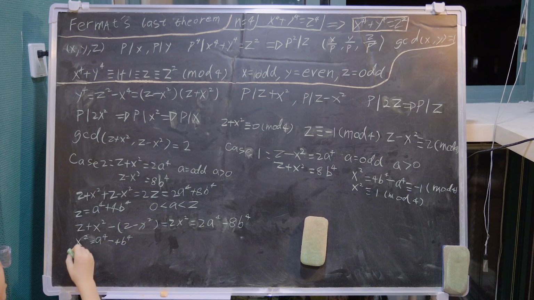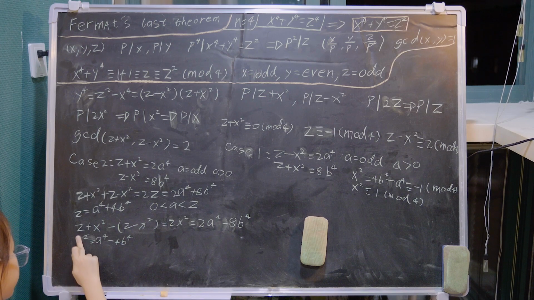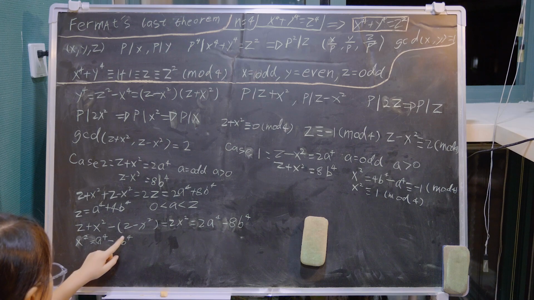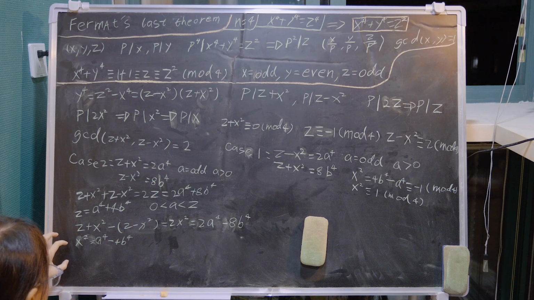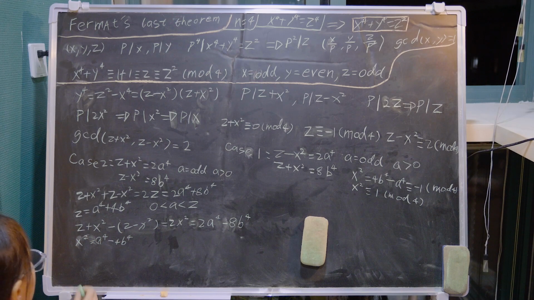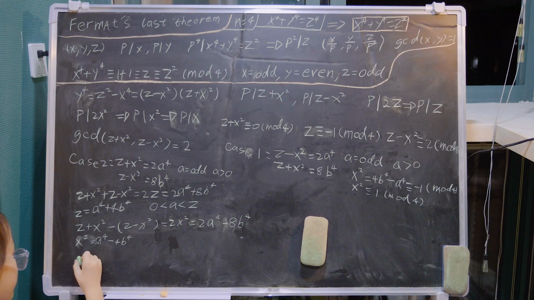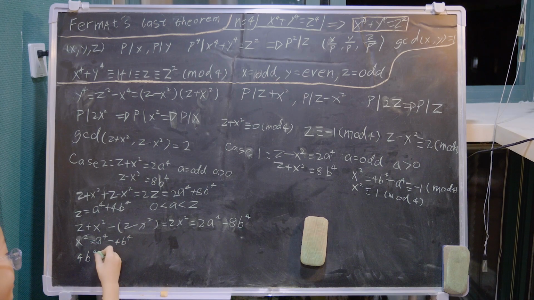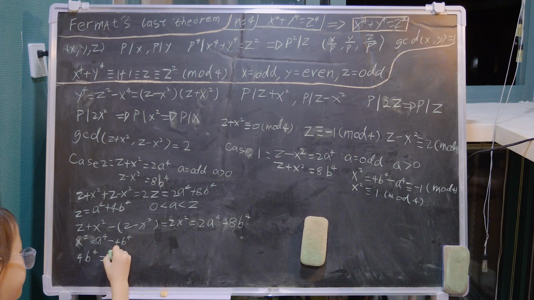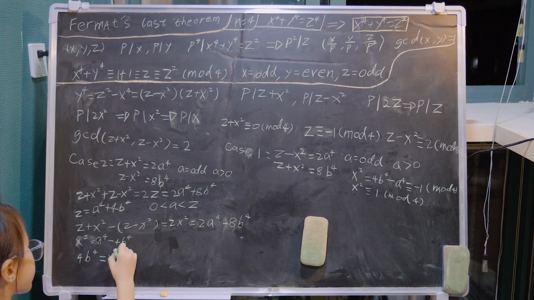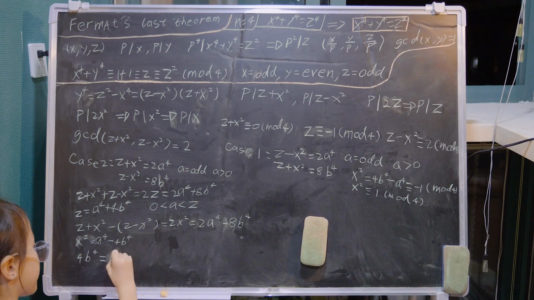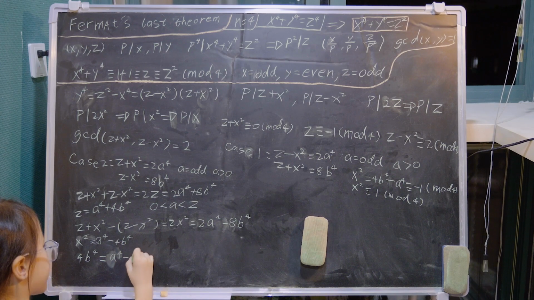So if we move this part to the left, and this part to the right, we have 4b to the 4 is equal to a to the 4 minus x to the 2.